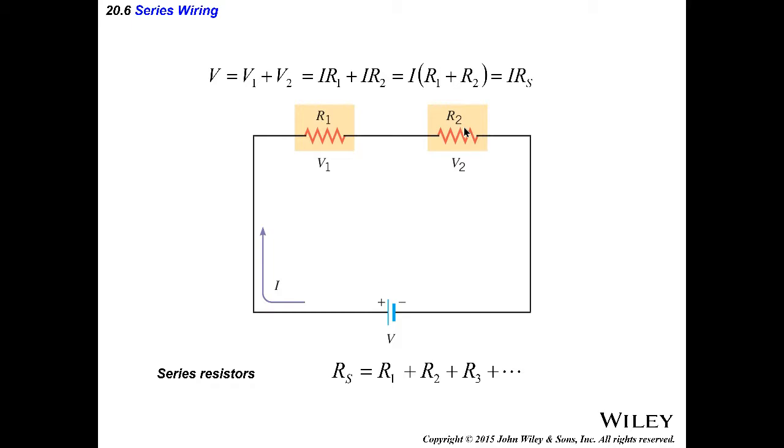Because it's I squared R, and if I is a little bigger than such and such, it will burn out. If I have 100 of these lights on for decoration, would I want them to be in series?